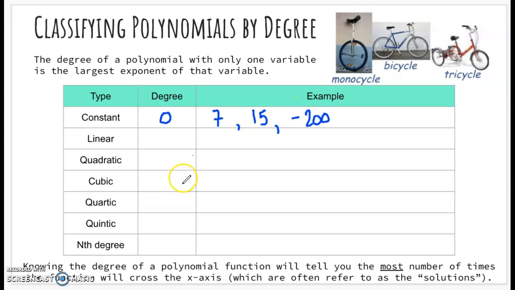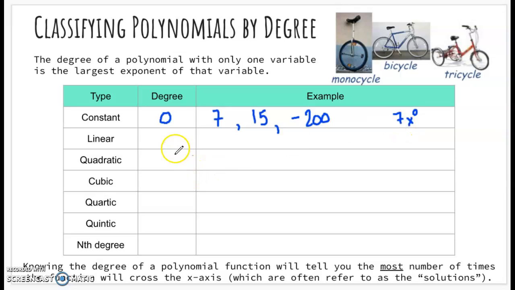The degree technically is 0. I could rewrite 7 as 7x to the power of 0 because I know anything raised to the power of 0 is actually just 1. So that's really 7 times 1, which we know is just 7.